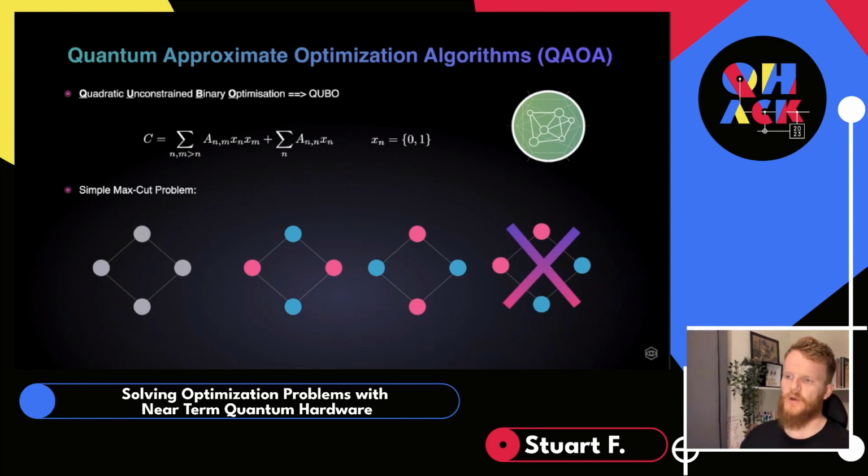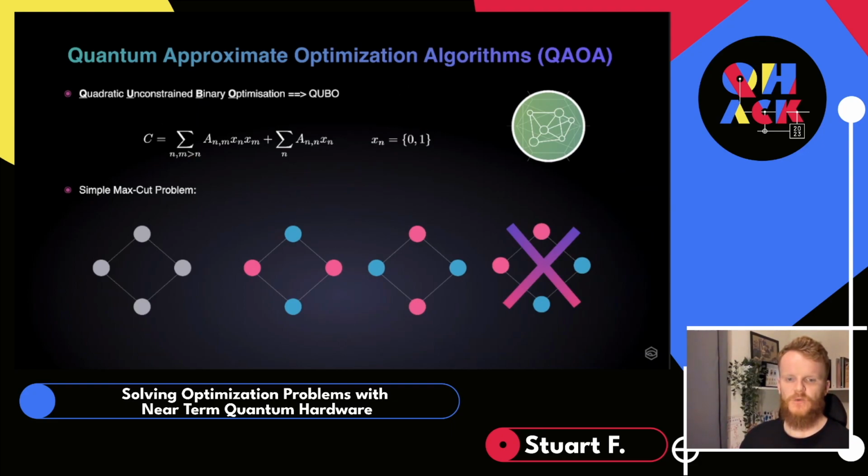And the Q stands for quadratic, meaning that in this expression only terms up to quadratic order are represented. So there are only terms with products of two of these variables, or terms with a single variable. There are no higher order product terms.